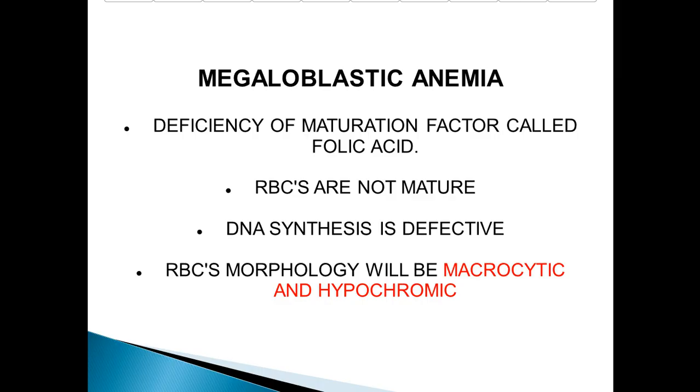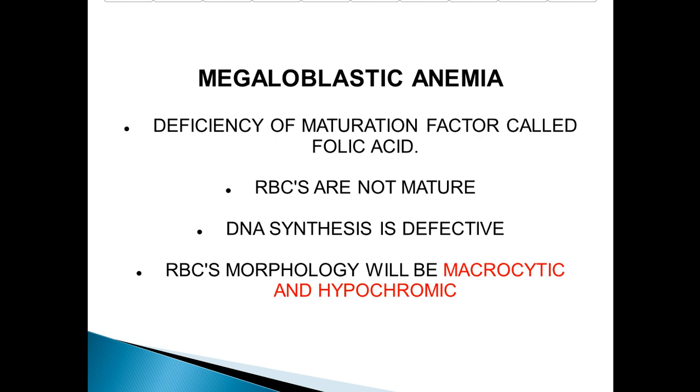Very important after iron deficiency anemia is megaloblastic anemia. It is a deficiency of the maturation factor called folic acid. RBCs are not mature, and DNA synthesis is defective, because for DNA synthesis folic acid is important.